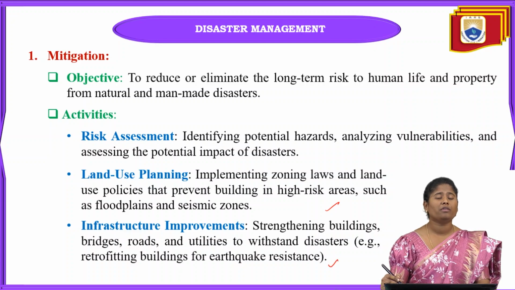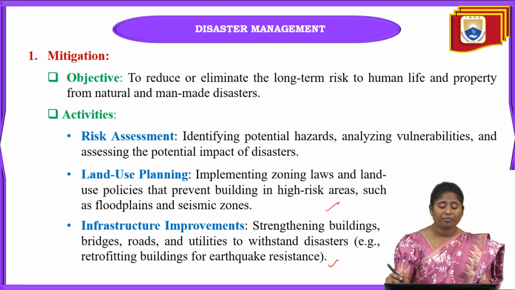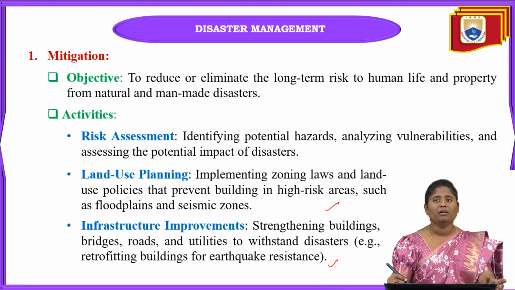Here we have to improve the infrastructure, meaning earthquake resistant buildings can be constructed, so that we can withstand these disasters. If these disasters happen, there will be so much loss to transportation, ports, airports, and overall, roads can be destroyed easily.